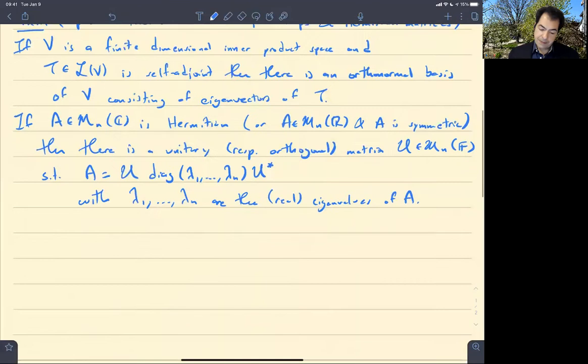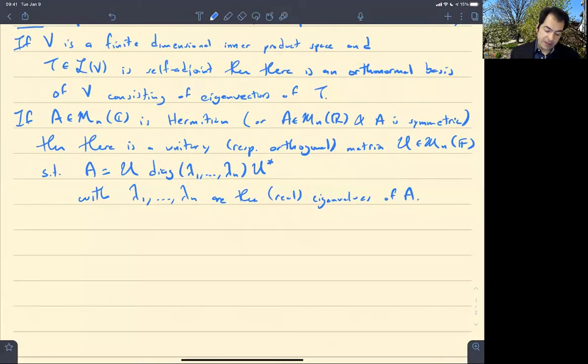The proof is going to be by induction over the dimension.